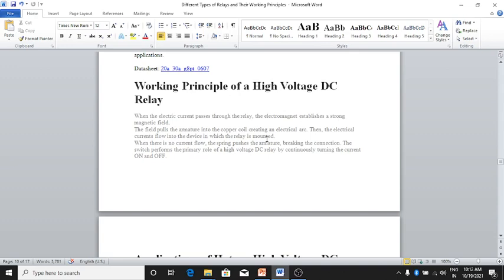Then the electrical current flows into the device in which the relay is mounted. When there is no current flow, the spring pushes the armature, breaking the connection, and the switch performs the primary role of the high voltage DC relay by continuously turning the current on and off.